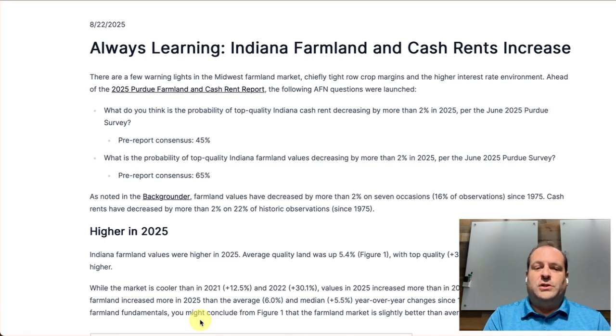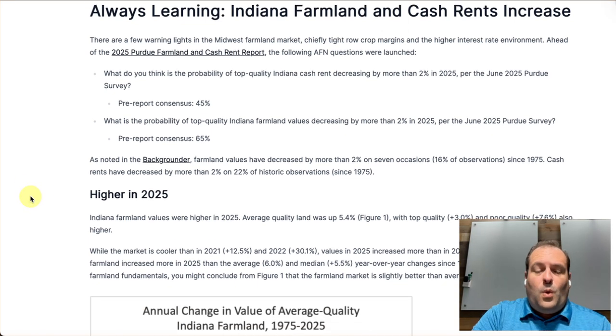Of course, we share some historic context, and there are some decreases throughout history. About 16% of observations for values declined since 1975, and about 22% of observations since then had a rent decrease of more than 2%.